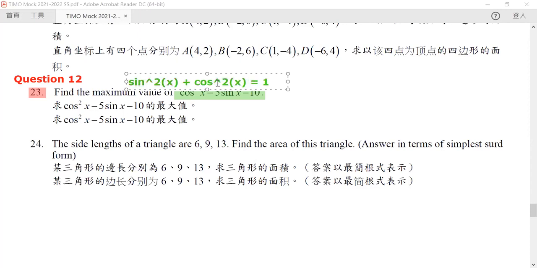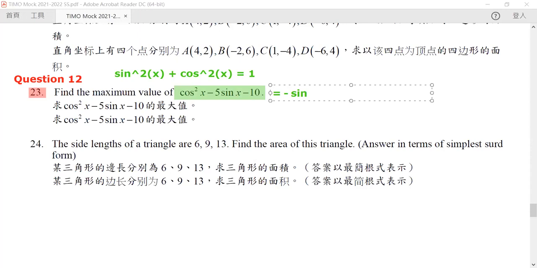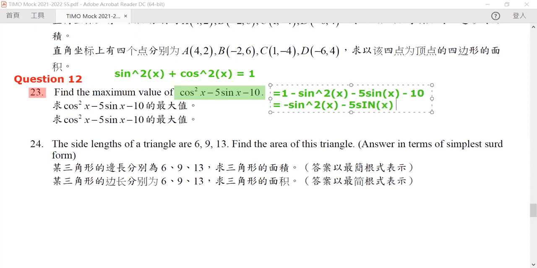Now if we make use of this, we can replace our cosine square x by 1 minus sine square x, and hence the whole equation will be negative sine square x minus 5 sine x minus 10 plus 1, so we can rewrite it as negative sine square x minus 5 sine x minus 9, okay?